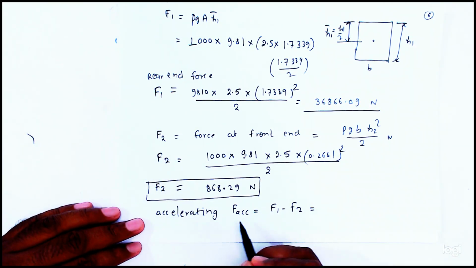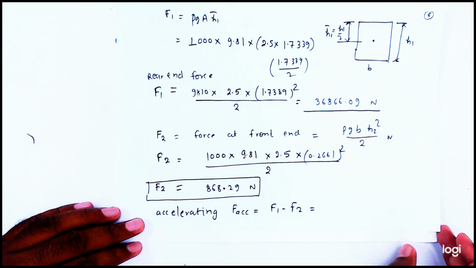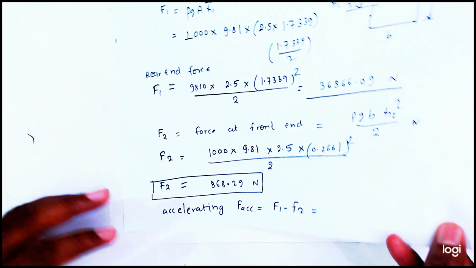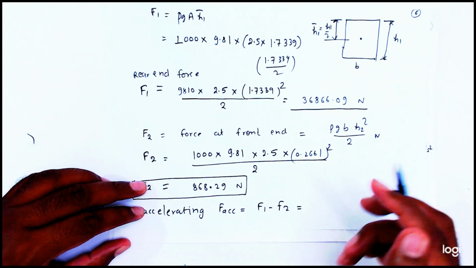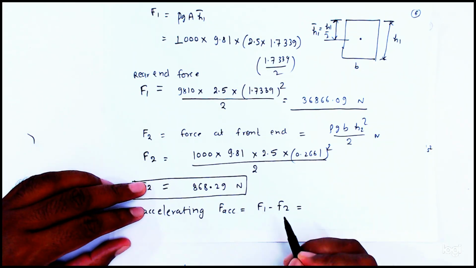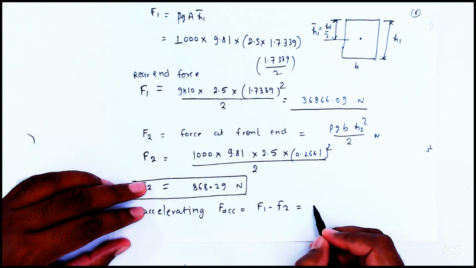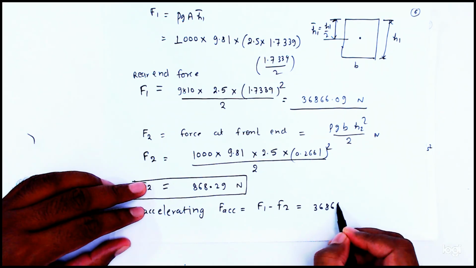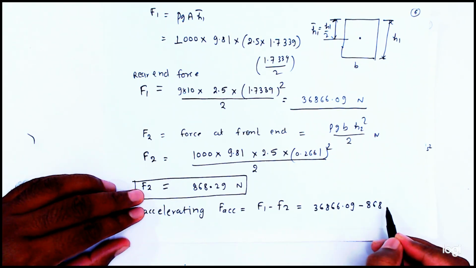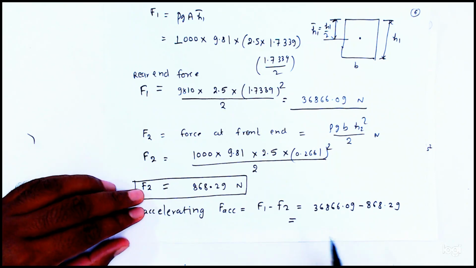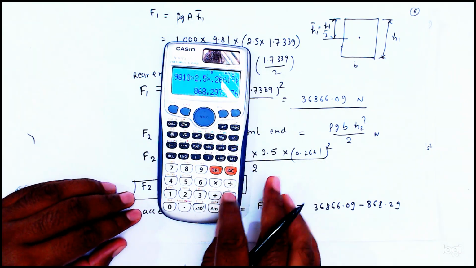What is the accelerating force by which the tank is moving? So how much force do we need? So accelerating force is equal to F1 minus F2. So this is equivalent to 36866.09 minus 868.29. Okay, friends.